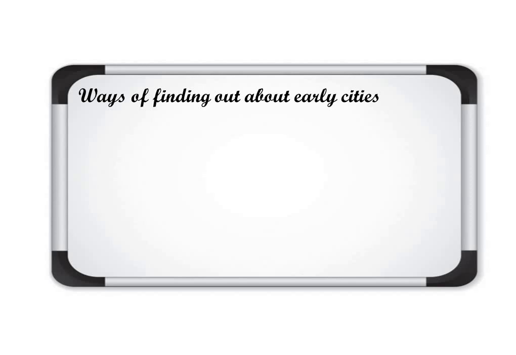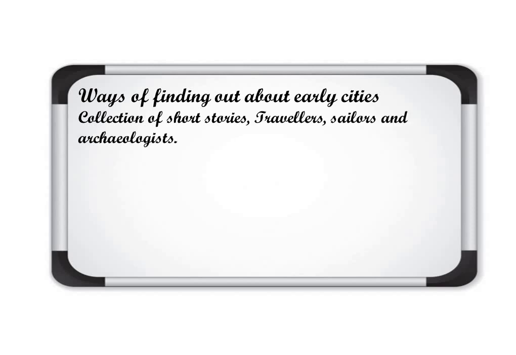There we'll discuss different ways: collection of short stories, travelers and sailors, and archaeologists. These were different ways for finding out about the earlier cities. How we are able to find out about the earlier cities through these different ways.